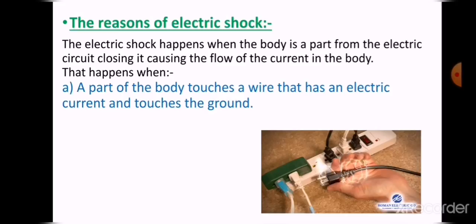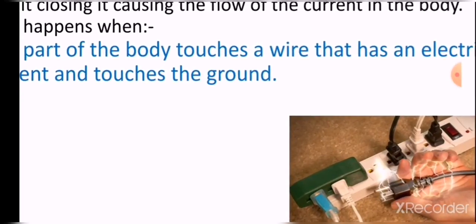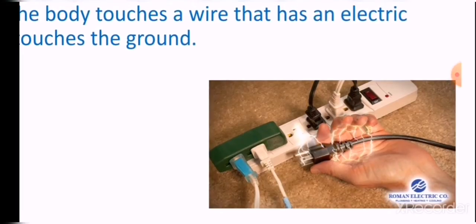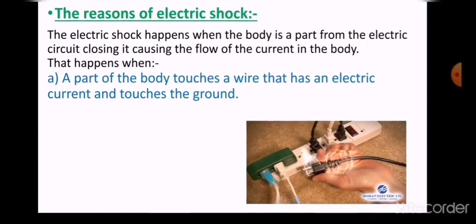The reason for electric shock, number one, is if a part of your body touches a wire that has an electric current and touches the ground, like this picture. If your hand touches a wire that has an electric current and touches the ground.